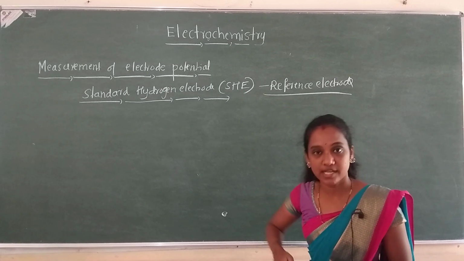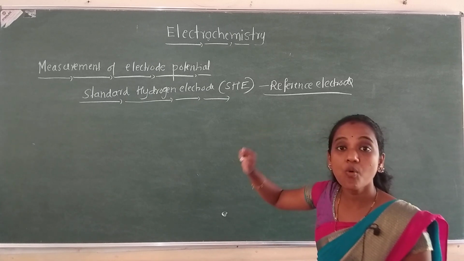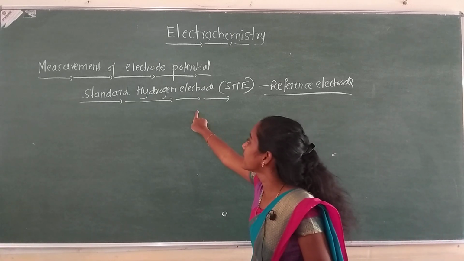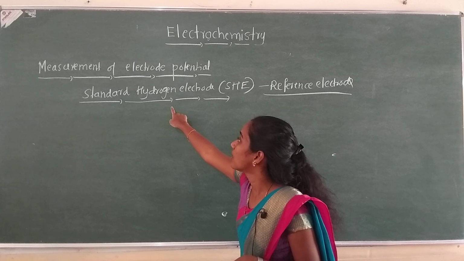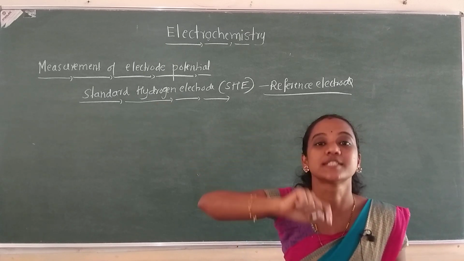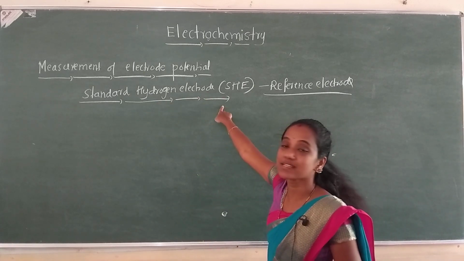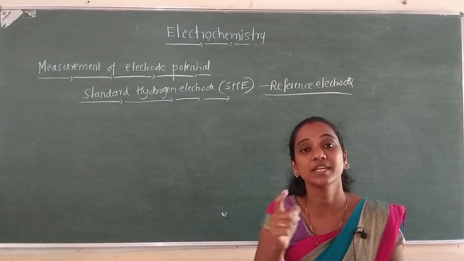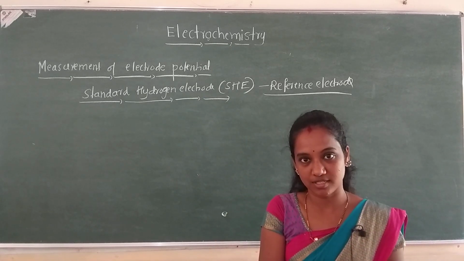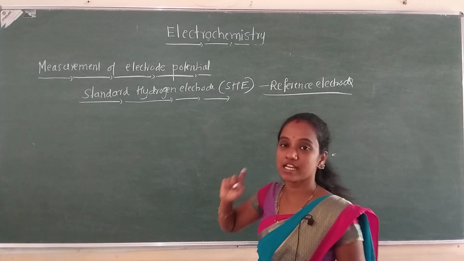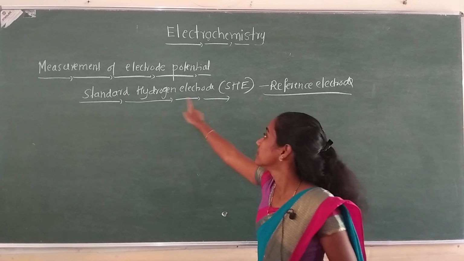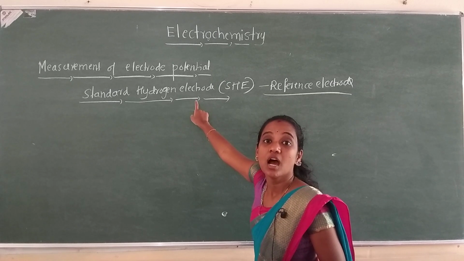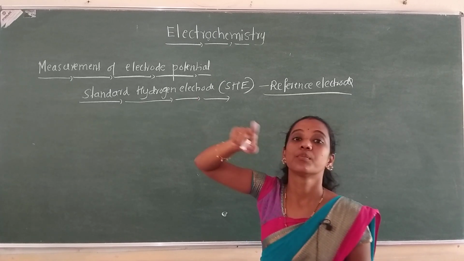For example, a zinc electrode is given. Now what we have to do? On combining the given zinc electrode with this hydrogen electrode, we can construct a cell. Cell means the presence of two half cells. So if any half cell is given, we should combine it with the hydrogen electrode, so we can make a cell.